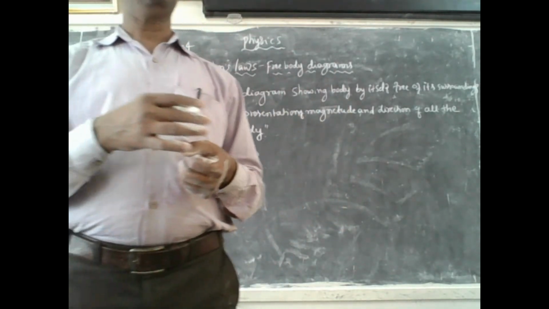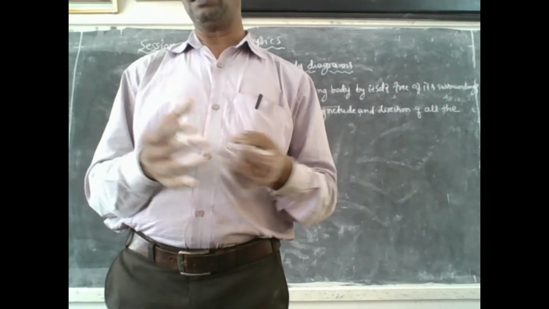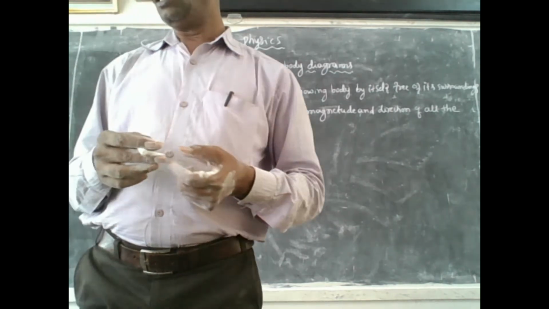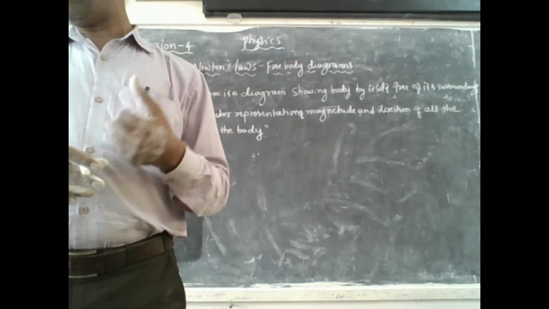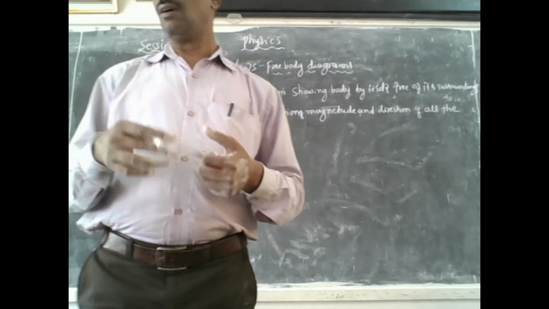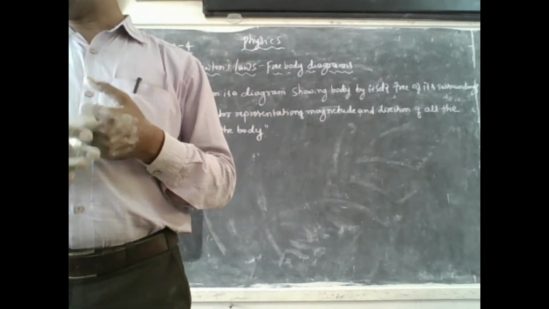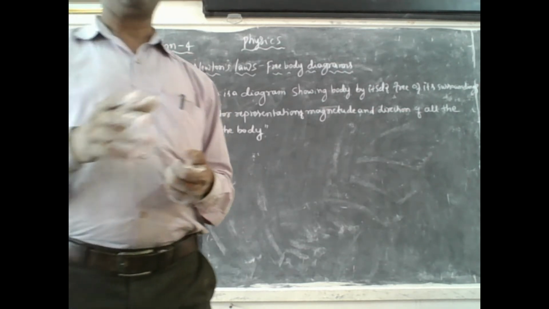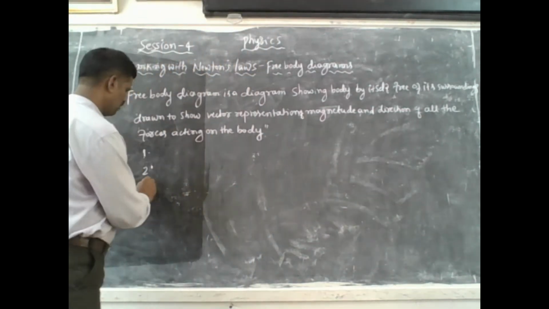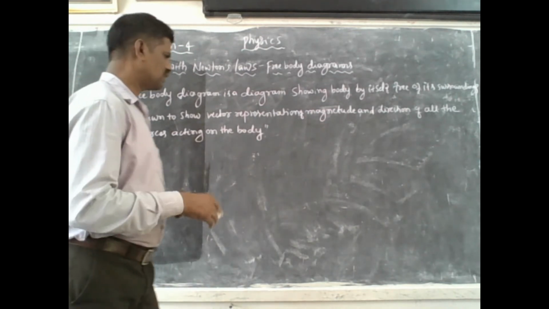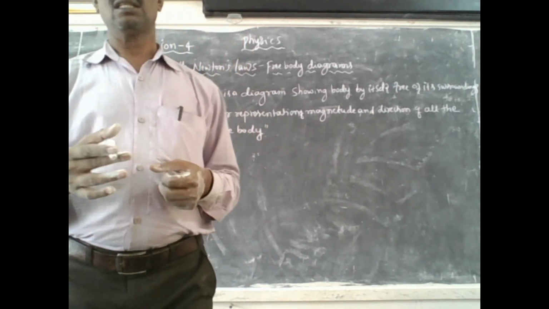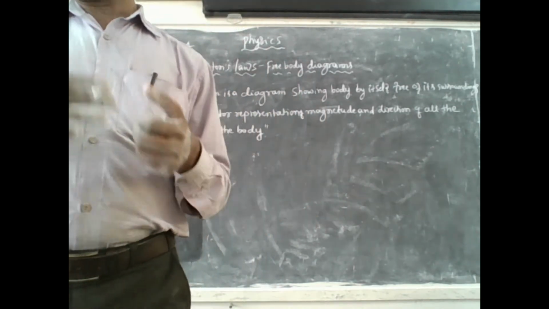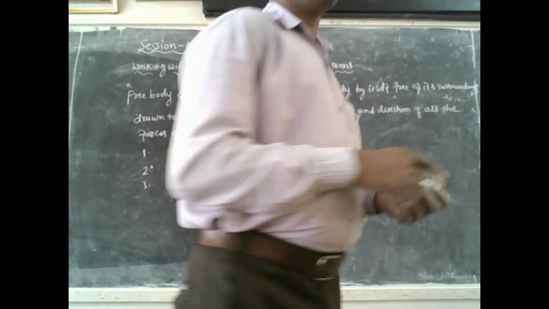Action and reaction are equal and in opposite directions. So whenever a force acts on the body, the reaction always acts normal to the surface of the body. That is the third point.